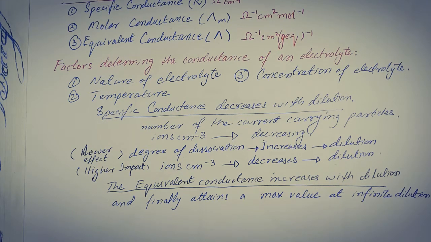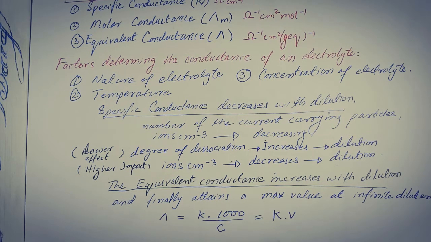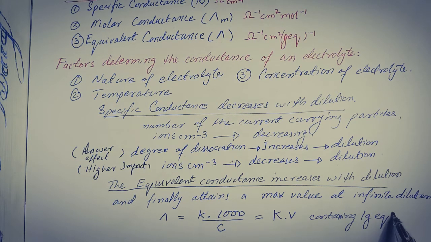So what's the reason that the equivalent conductance increases with dilution? The reason is that the equivalent conductance is the product of the specific conductance and the volume of the solution containing one gram equivalent of the electrolyte.